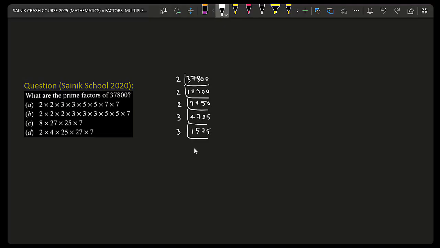525. 3 5s are 15 and 3 2s are 6 plus 1 is 7, right? Now, is it divisible by 3? Yes.